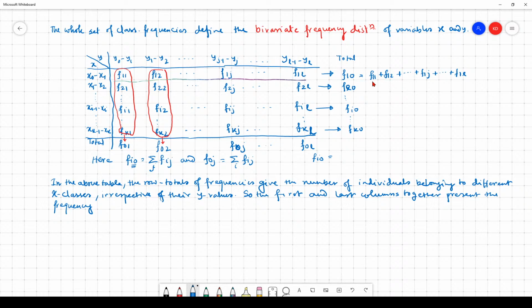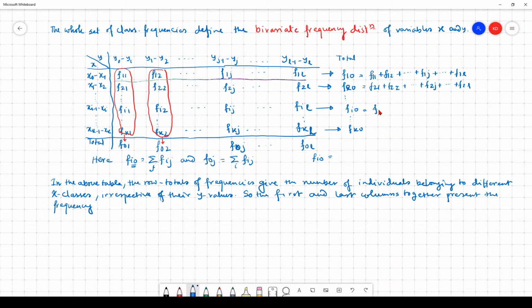Okay. Similarly, f2 naught is f21, f22, f2j, f2l. For the ith class of x, the frequency is fi naught.